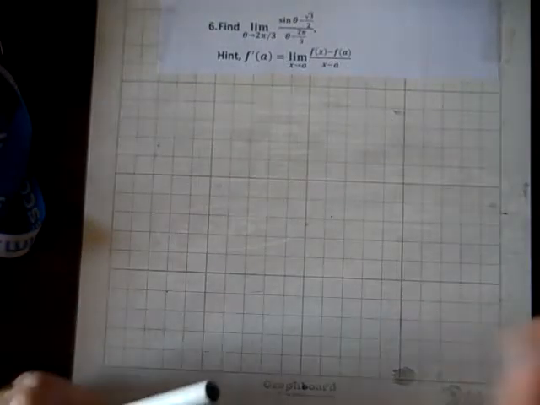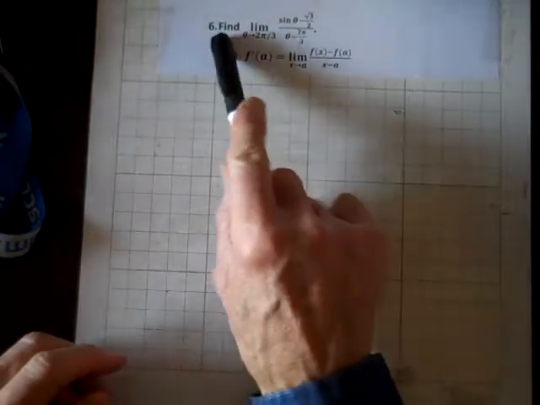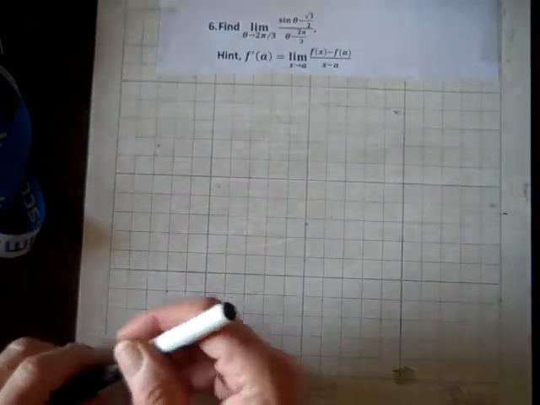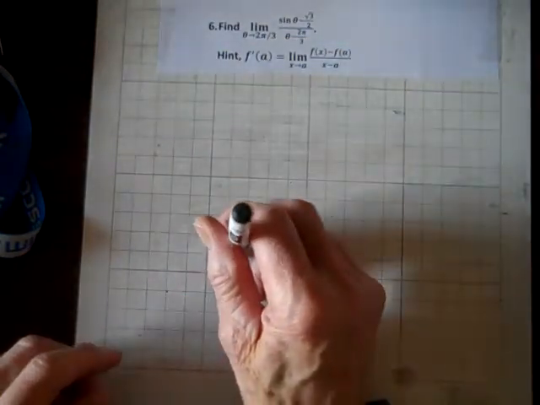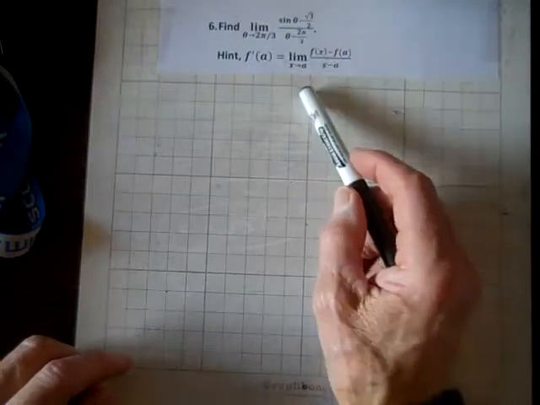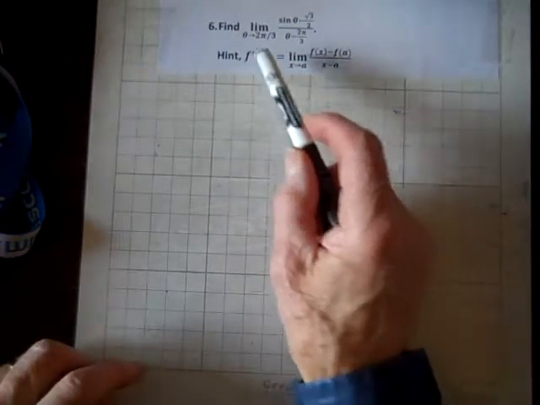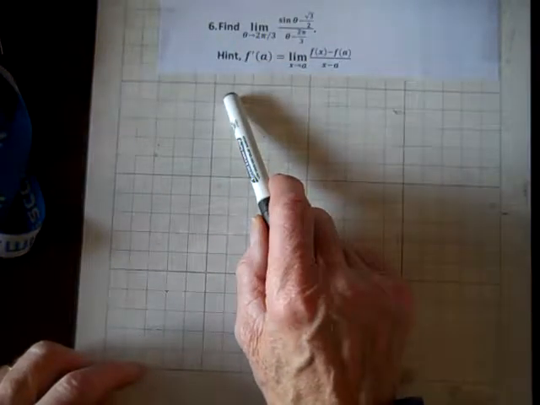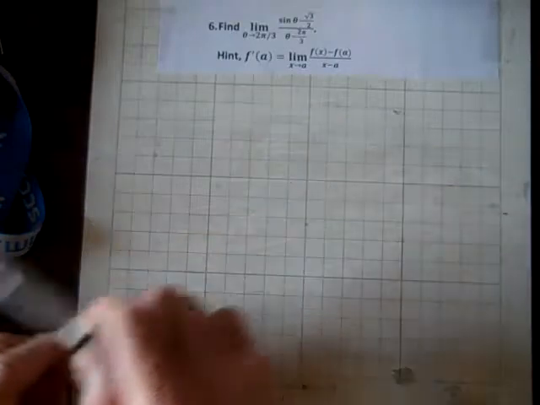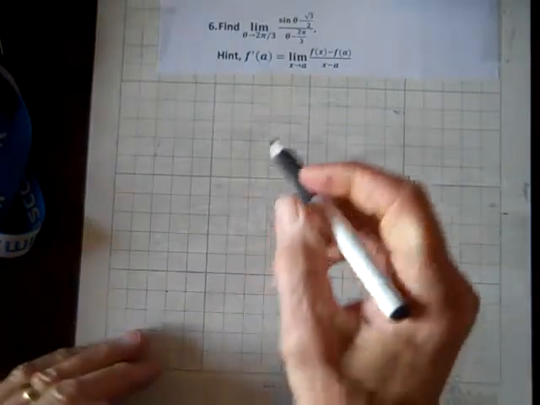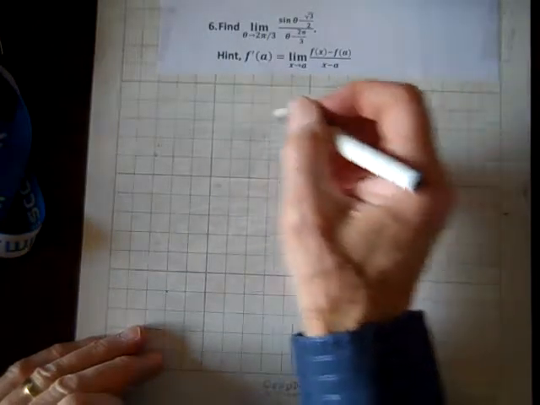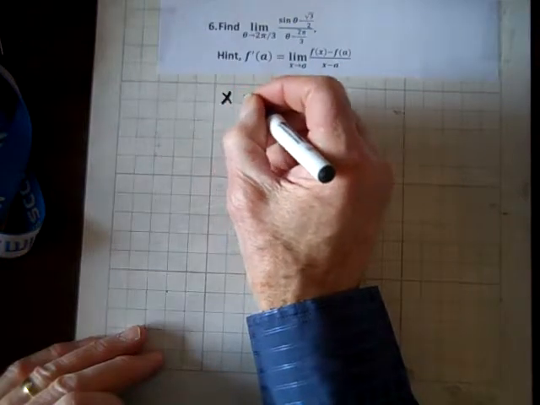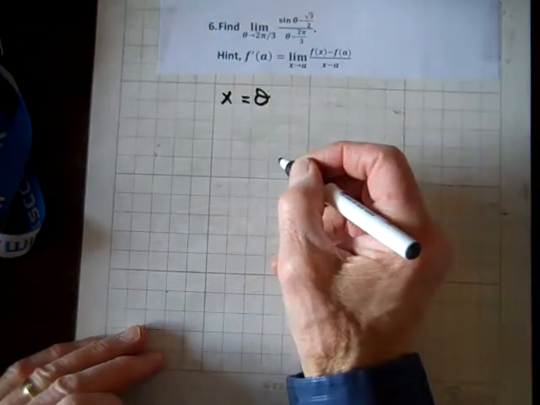Good. Well, we have one more to do. And here it is. We need to find the limit as theta goes to 2 pi over 3 of this quotient. And this quotient is related to this statement, definition of the derivative. In this case, instead of dealing with x, in fact, in this case, x equals theta.